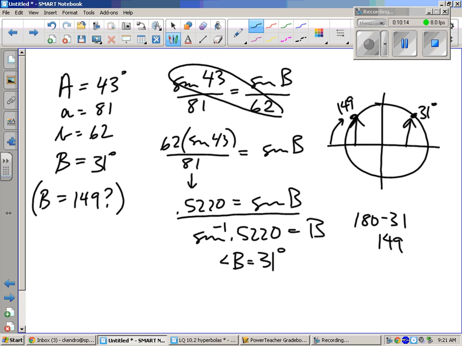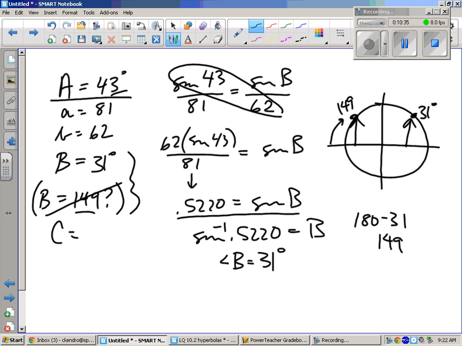Think about that. If I now wanted to find angle C, I would have to take angle A and one of the angle B's away from 180 to find angle C. Well, if I add 149 and 43, that's above 180. So you can't have two angles that add to more than 180.